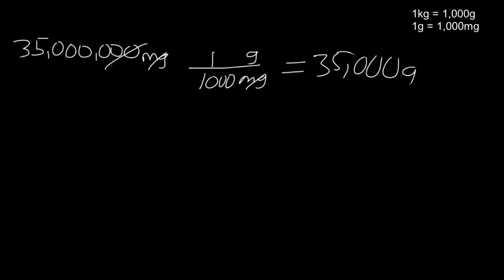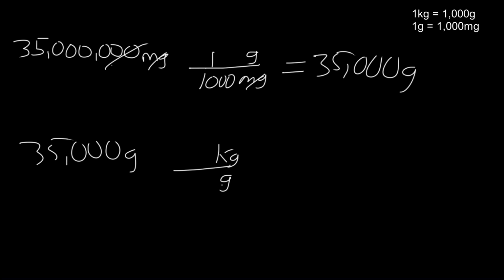Now that I have 35,000 grams, I want to go from grams to kilograms. So I do kilograms on top, grams on bottom. 1 kilogram equals 1,000 grams. So now I cross out the grams.